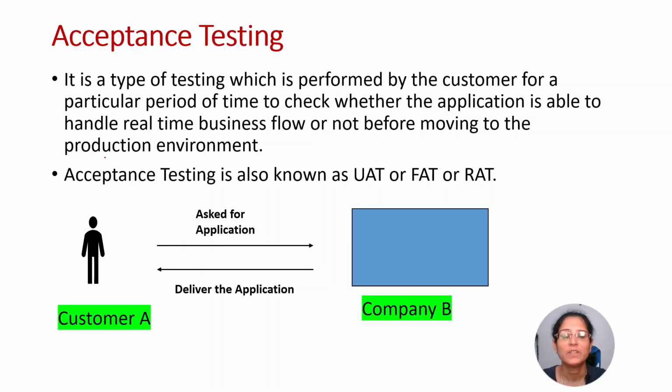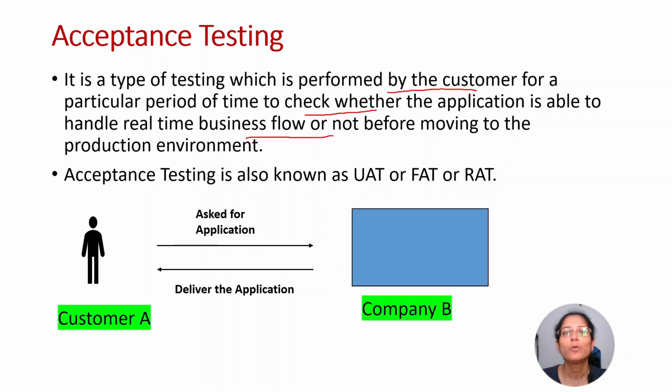Let's get started. First, let's go to the definition. Acceptance testing means it is basically performed by the customer for a particular period of time to check whether the application is able to handle the end-to-end business flow or not.